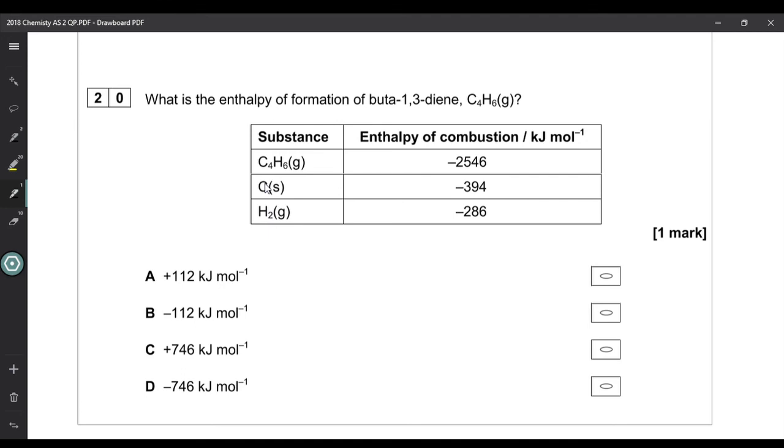Add those together and it comes out to be 2434. Now the enthalpy of combustion of buta-1,3-diene is a greater minus number, so that means we're going to get a positive value, and the difference between the two values is 112. So our answer is going to be plus 112.